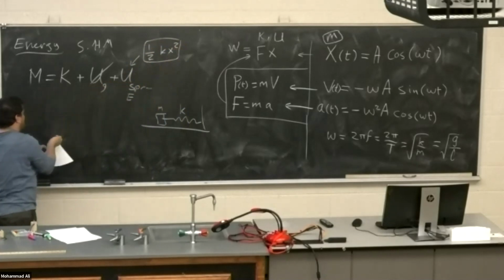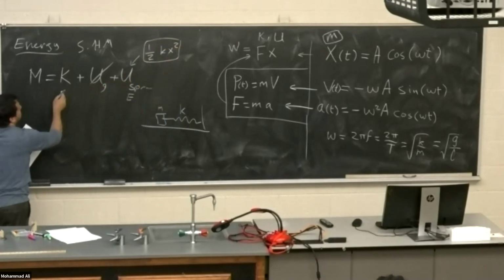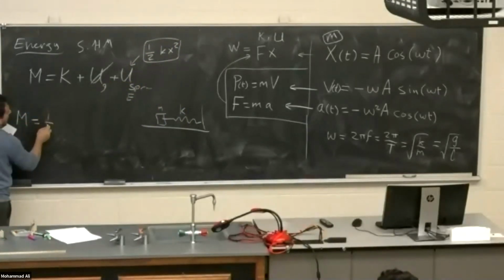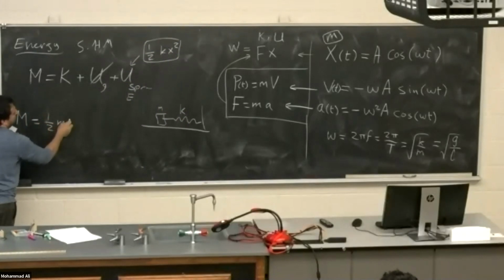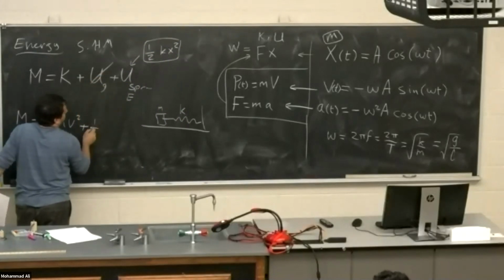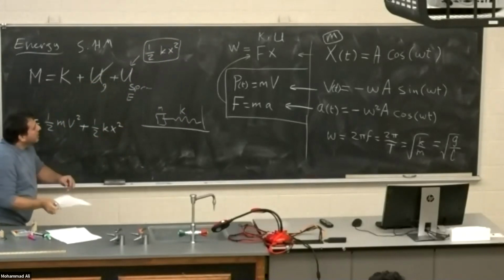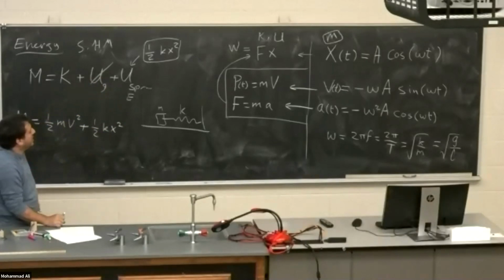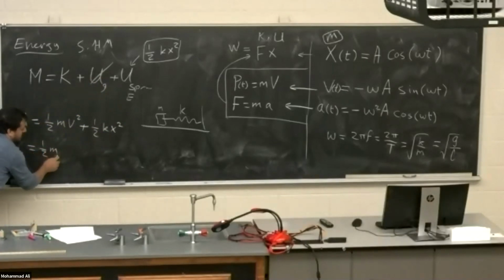The kinetic energy, we know it from before. Simple, 1/2, I will write it here. So the mechanical energy is equal to 1/2 the mass multiplied by the velocity squared, plus the potential energy due to the spring, which is 1/2 kx squared. We have x, we have v. Just square them and put them here. Okay, we have 1/2, the mass is m.